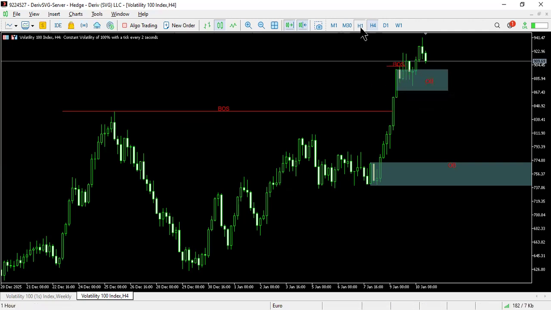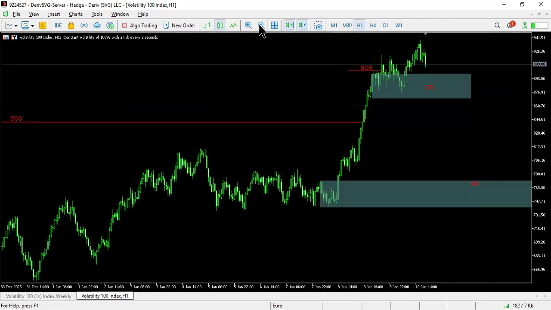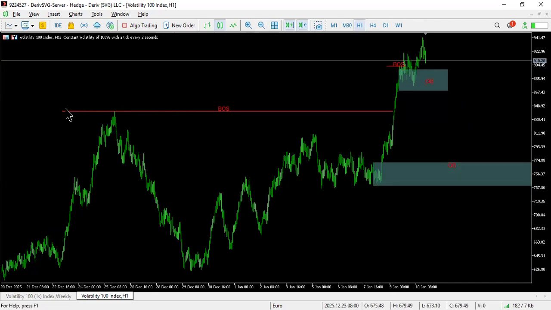And then if we are to go to the 1 hour time frame, which is our entry time frame, we can adjust our break of structure.